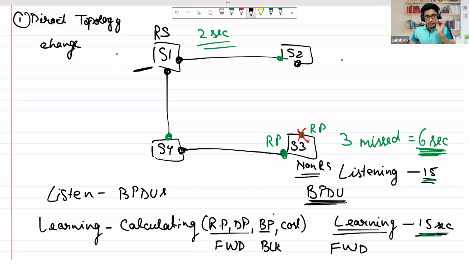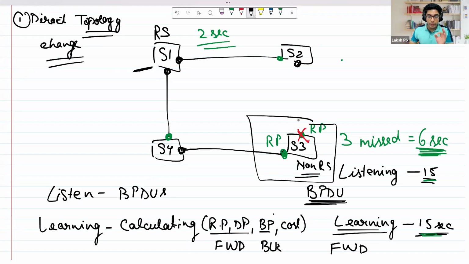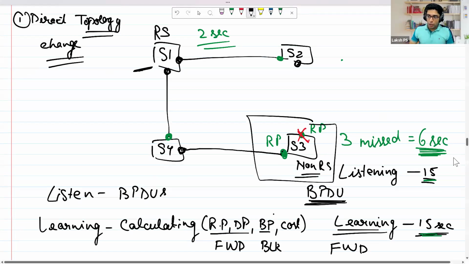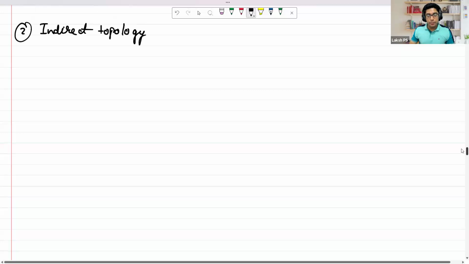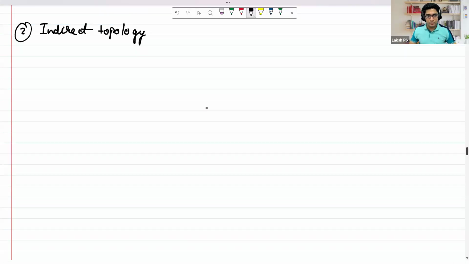As I said, the topology change that we're talking about is from the perspective of those switches which have a block interface. Direct meaning there was a problem on switch 3 itself, which has a block. Now we are going to consider a situation where there is a problem somewhere in the network and it is not on switch number 3.